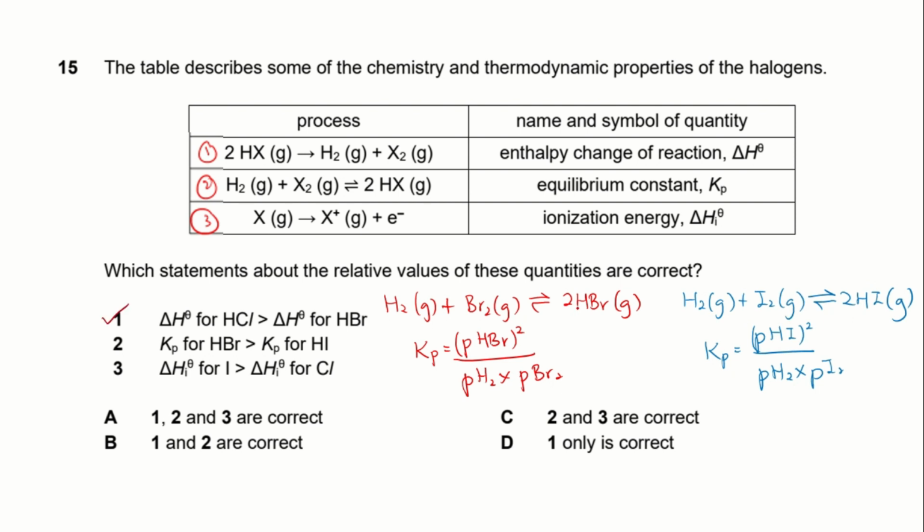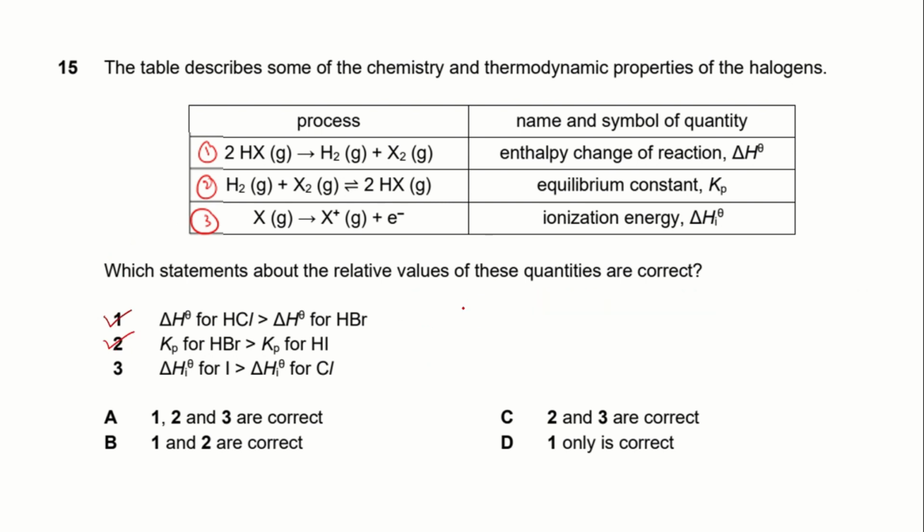Equilibrium lies further to the right-hand side. Partial pressure of products is higher. Equilibrium lies further to the left-hand side. Partial pressure of product is lower. So Kp for HBr will be larger than the Kp of HI. Statement 2 is correct.